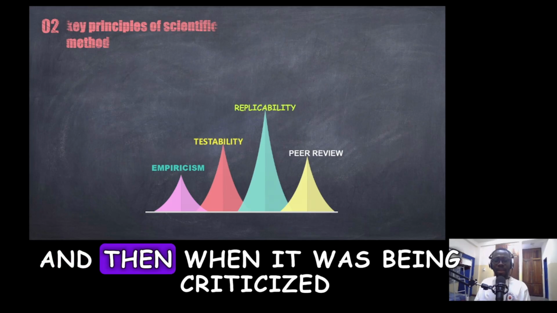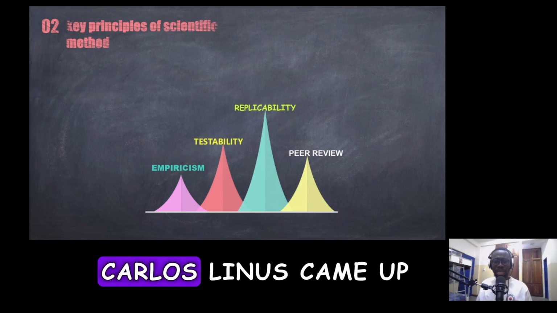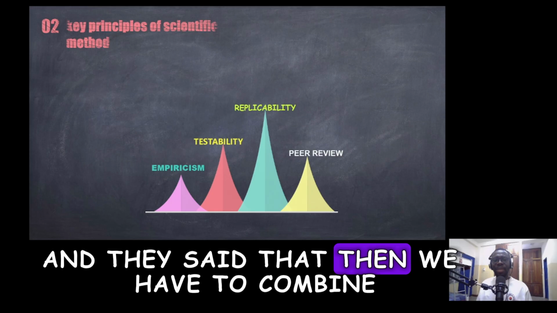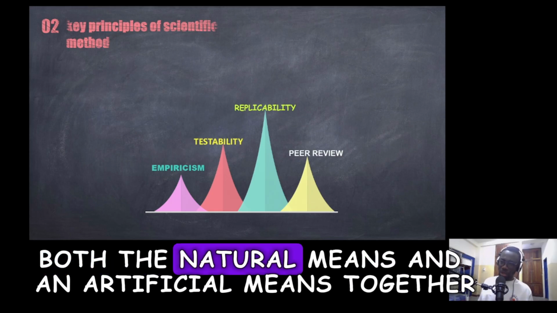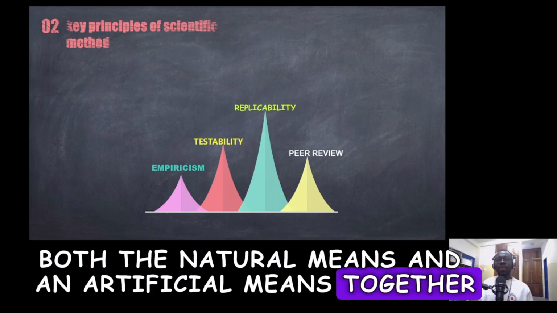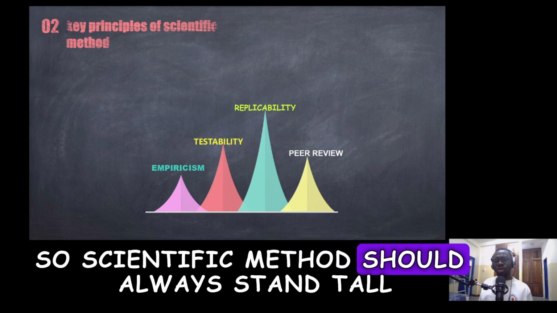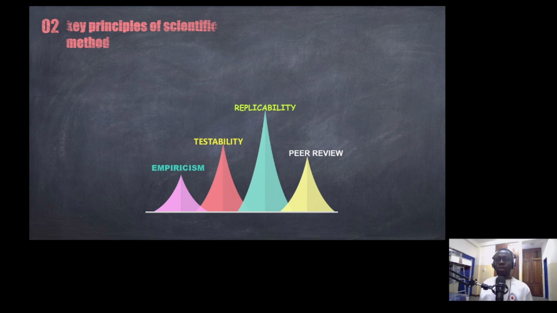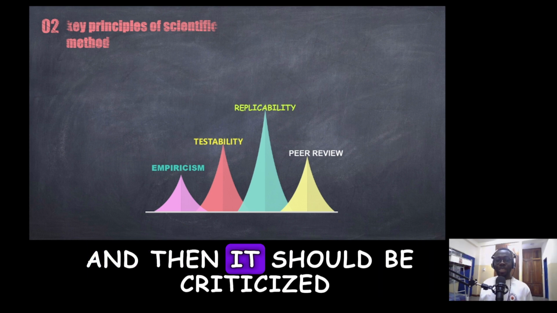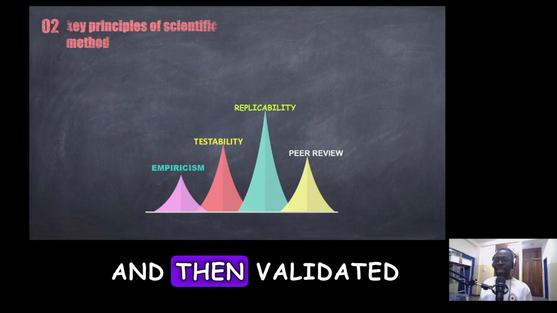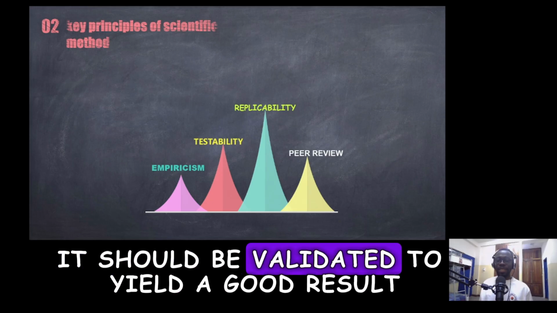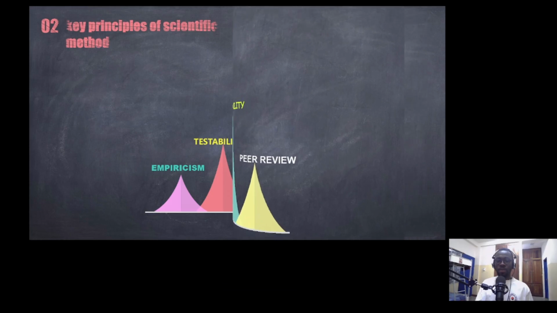And then when it was being criticized, Carolus Linnaeus came up and said that we have to combine both the natural means and the artificial means together. So the scientific method should always stand tall, and it should be criticized and then validated. It should be validated to yield a good result.